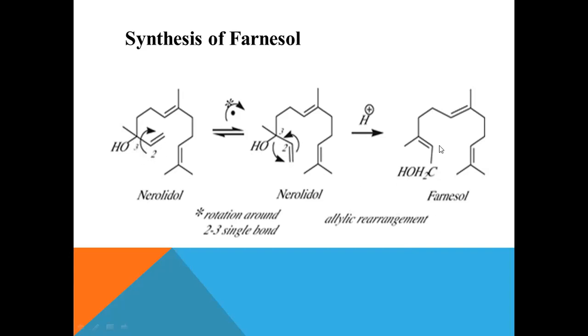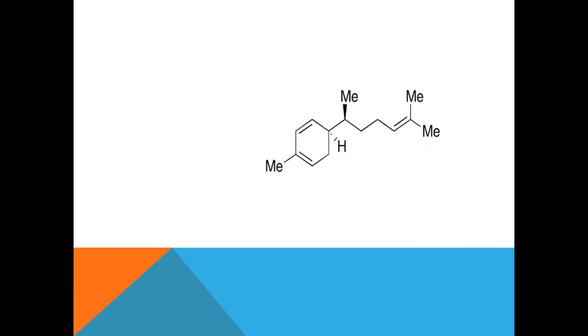That's why if you see the end, the double bond changed from first position to the second position, and the hydroxy changed from third position to the first position. Thus, nerolidol undergoes allylic rearrangement. The reaction takes place in the presence of acid to form a product known as farnesol. This is the synthesis of farnesol.